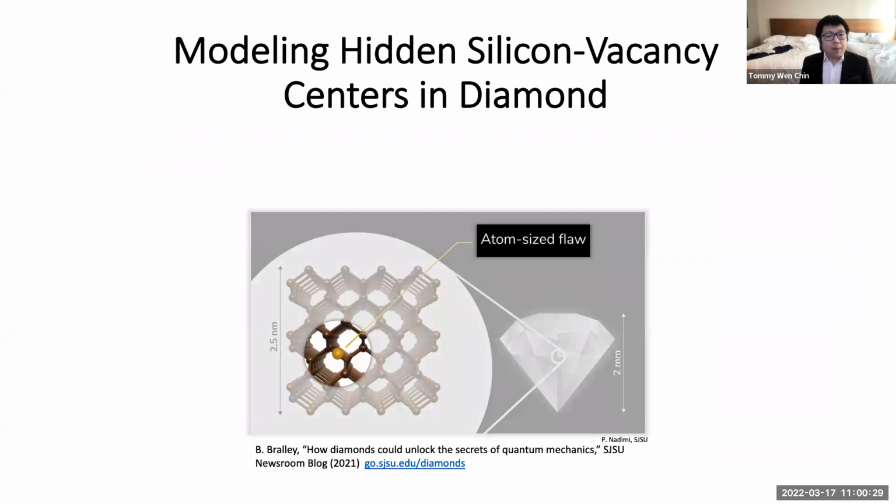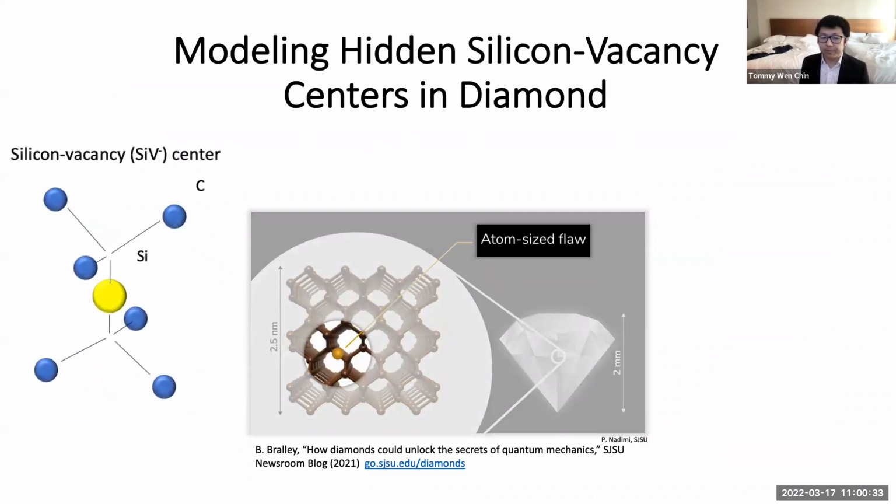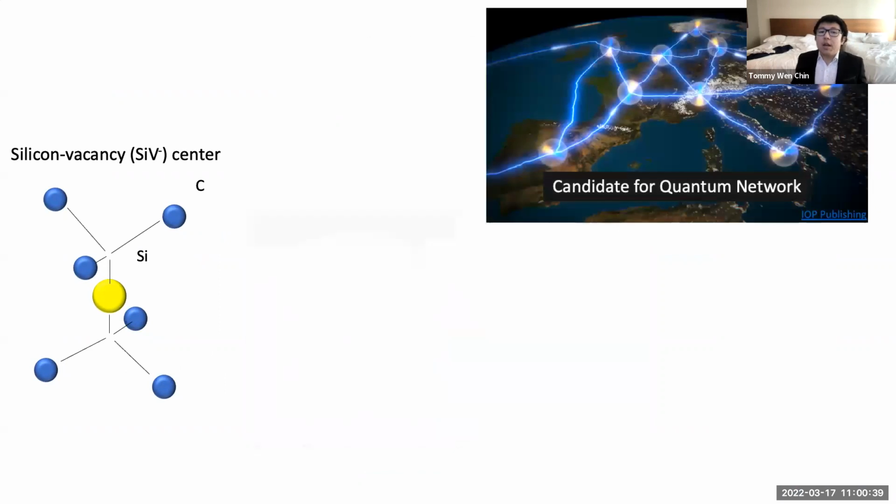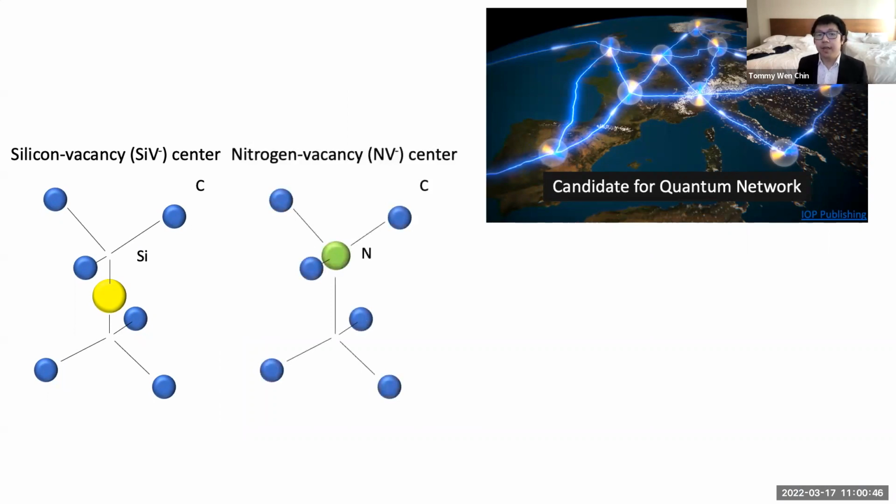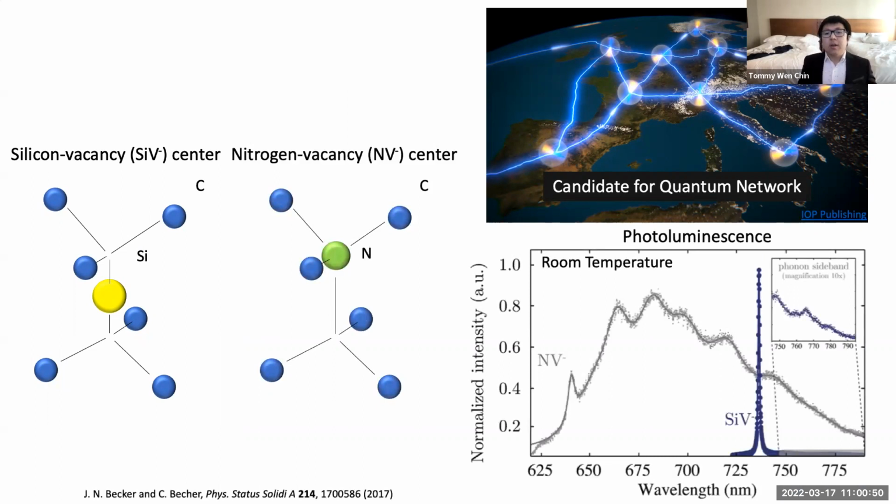I'll be talking about modeling hidden silicon vacancy centers in diamond. Among its various applications, SiV centers represent a strong candidate for the quantum network. In comparison to the more well-studied NV centers, SiV centers exhibit really good and suitable optical properties for this particular application.